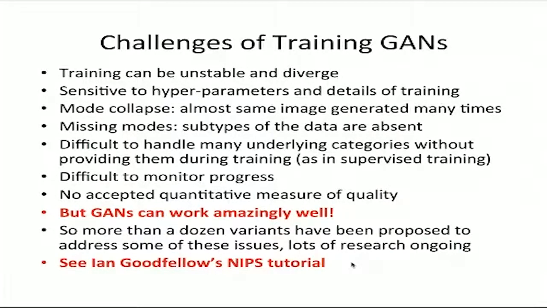I think this is still an open question, but one thing for sure is that GANs are very different from traditional machine learning, in the sense that traditional machine learning has one clear objective function, and so we optimize the parameters with respect to that objective function. We're trying to minimize some kind of classification error or reconstruction error or some likelihood, and we can measure that objective during training, and we can see that it gets better and better.